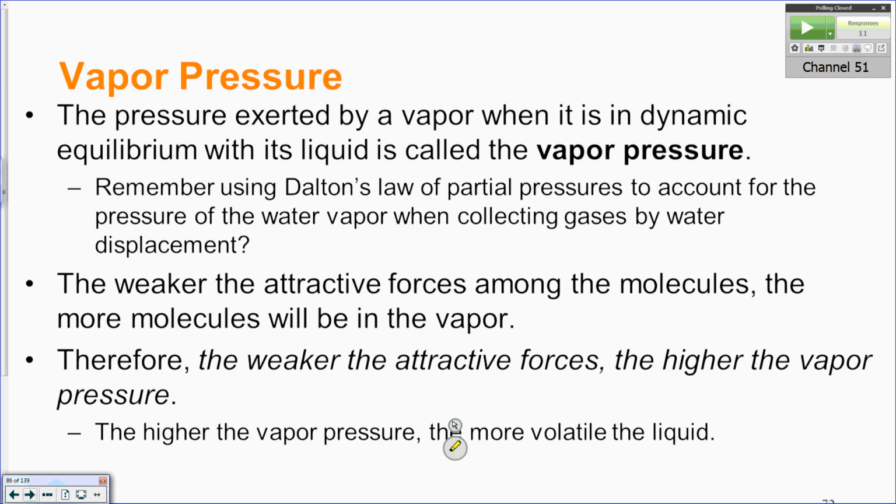So now we want to think about the energetics behind that. Vapor pressure is the pressure exerted by a vapor that's reached this point of dynamic equilibrium. That's what vapor pressure means. Now remember when we talked about gases way back in Chapter 5 and Dalton's law of partial pressures, whenever we trap a gas over water, that water vapor contributes to the overall pressure of the gas.